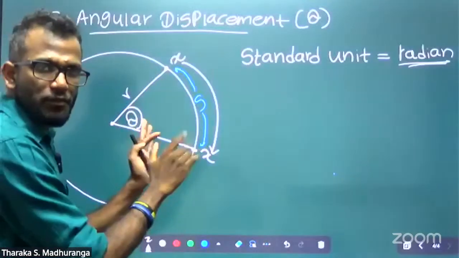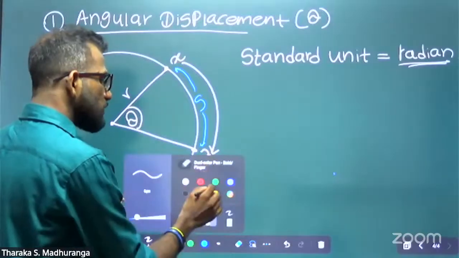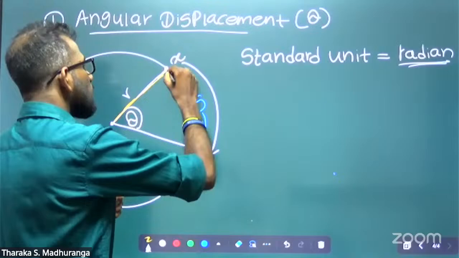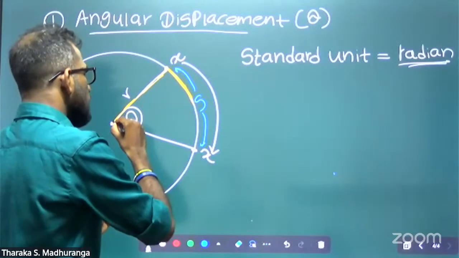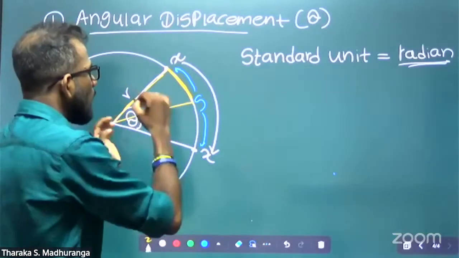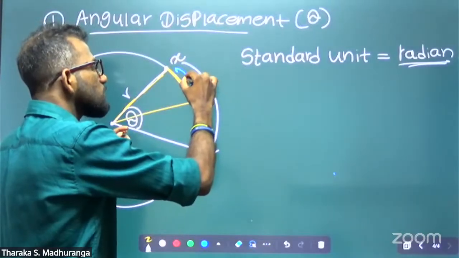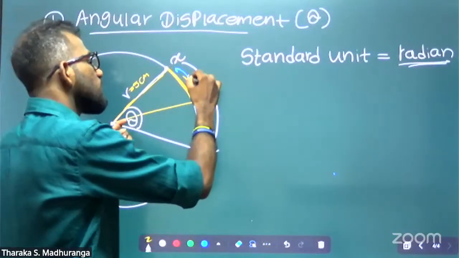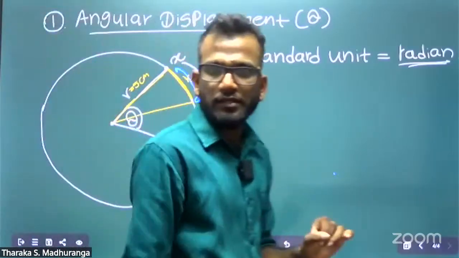1 radian means the angle given by an arc length equal to the radius. Think this is R and this yellow arc length is equal to R. Think R equals 5 centimeter. If you get a 5 centimeter arc length, the angle it gives we call 1 radian.